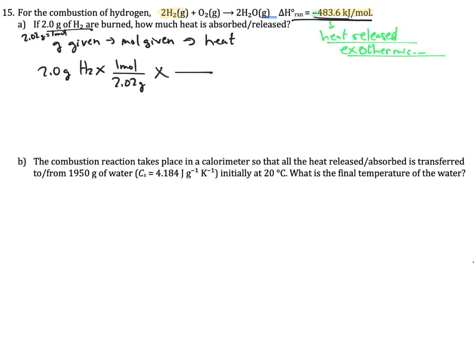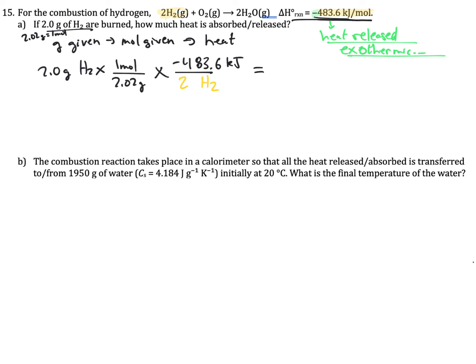So that unit conversion, I want to get to heat, so I'm going to put that on top. So I could put the negative in there. You know, the negative means released. I'll leave the negative in there, but you should sort of just know what that means in terms of exothermic or endothermic. So 483.6 kilojoules. And then I need my 2 coefficient on the bottom. So 2 H2 there on the bottom.